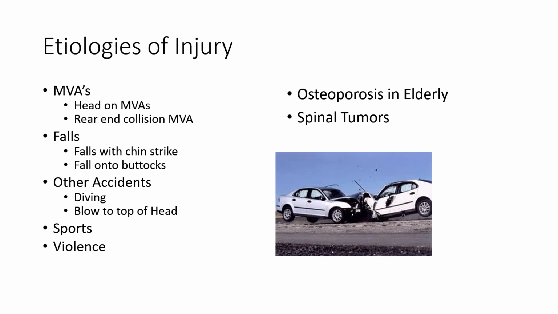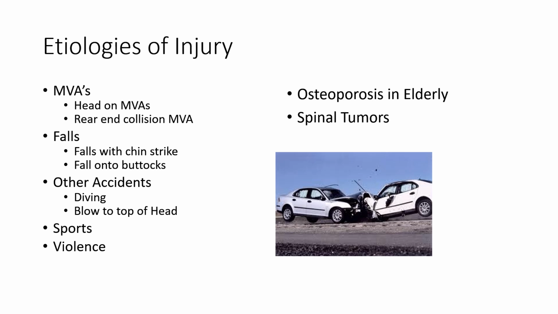Other accidents like diving into shallow water or taking a blow to the top of the head are some other etiologies of spinal cord injuries. I've already talked about sports, violence, either low impact or high impact violence like stabbings or gunshot wounds.